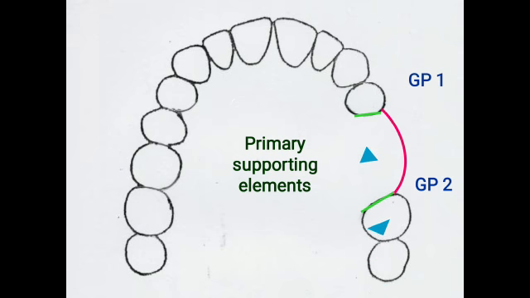So these blue things are the rest seats. Placing a rest into a rest seat helps in distributing the load onto that particular structure. Whenever a removable partial denture is inserted into the patient's mouth, the rests of the denture go in and seat into the space provided.